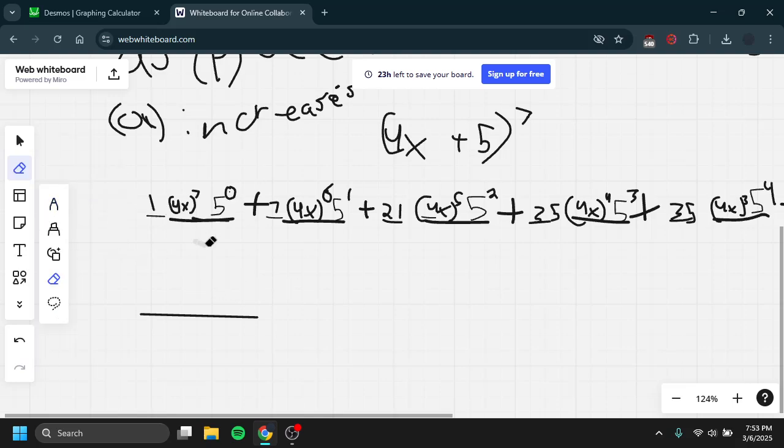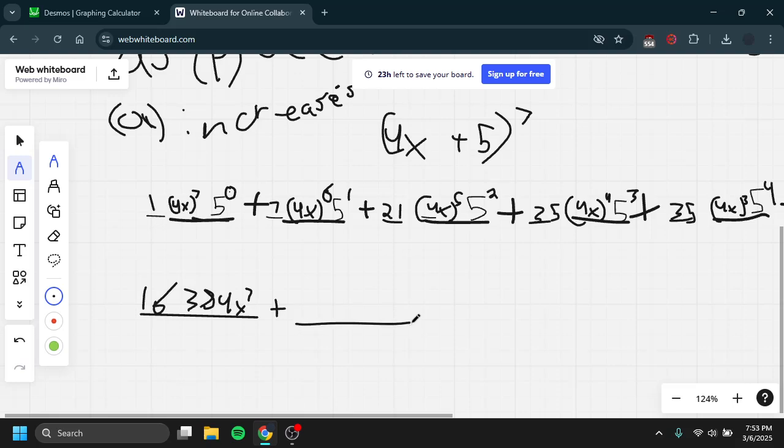So now, since we know we have x to the 7th, we get 16,384 x to the 7th power. Hope that makes sense. Now we will do the next term.